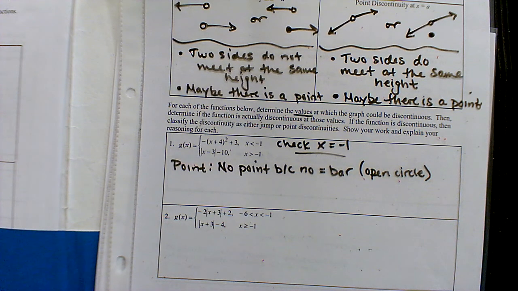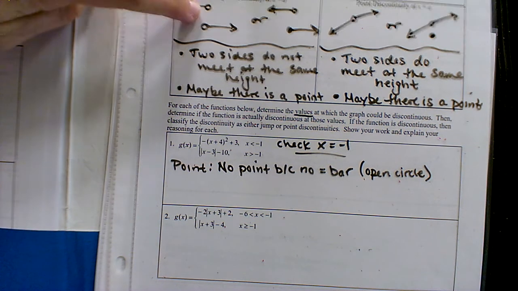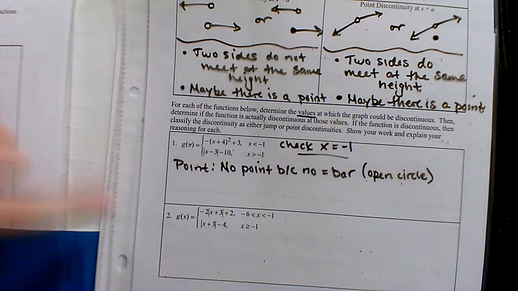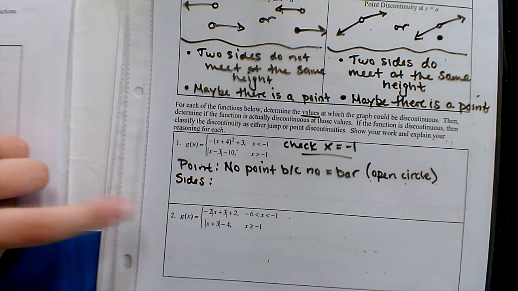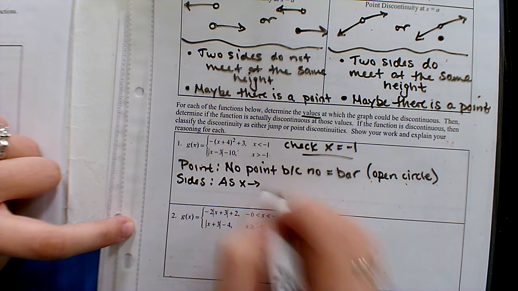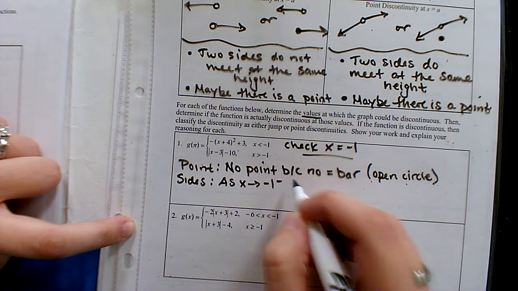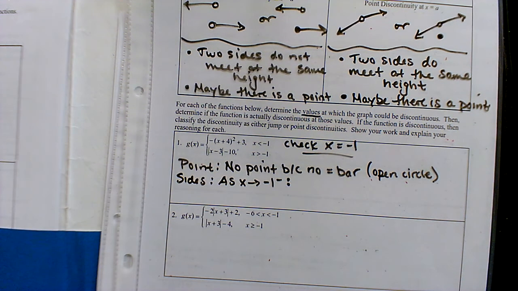But if the sides are not meeting up, okay, we have some type of jump that has the two open circles because we said there's no point there. Okay, so let's go ahead and check out the sides. So we got to check the left and the right. As x approaches -1 from the left, which equation are we going to use?